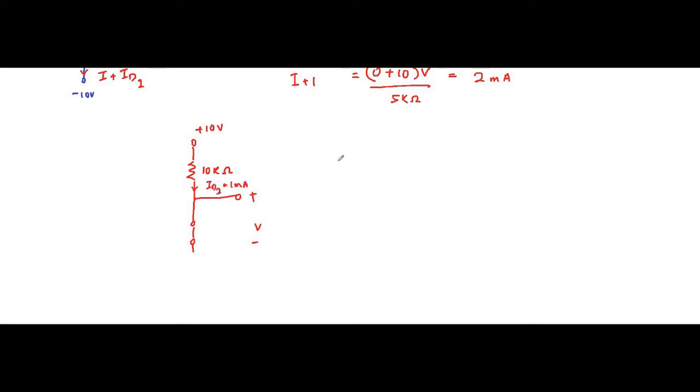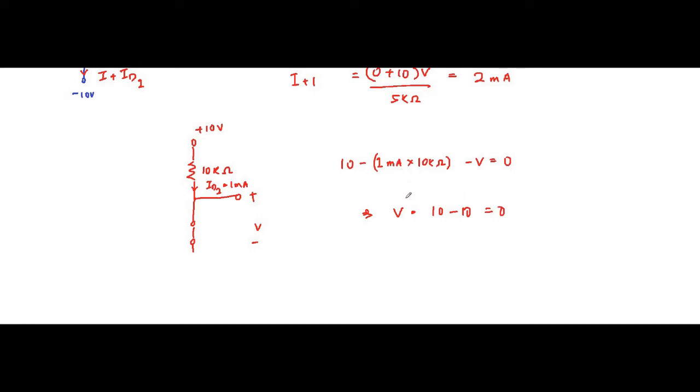If you apply KVL, it is simply 10 minus 1 milliampere into 10 kilo ohm minus V is equal to 0. That implies V is equal to 10 minus 10, which is equal to 0, since 10 kilo ohm multiplied by 1 milliampere gives us 10.